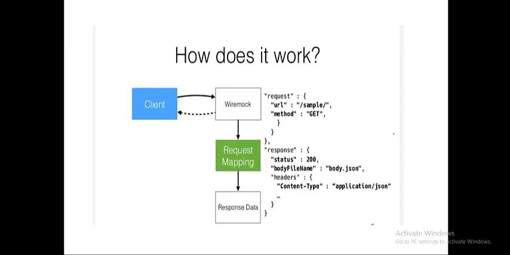At this point, just understand that when a client requests WireMock with a specific request, it is checked in the repository and a response is thrown back. That is what we call response data. It is your duty to have both request and response stored locally, and then you test it.